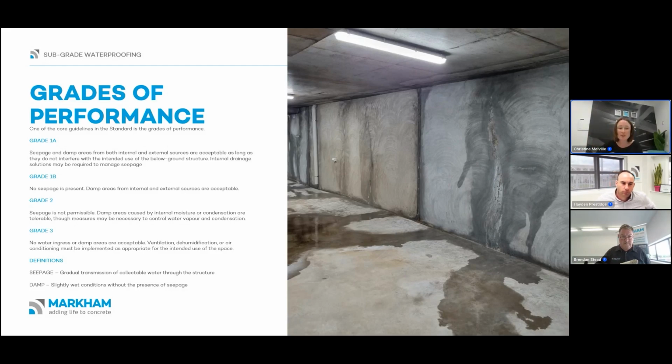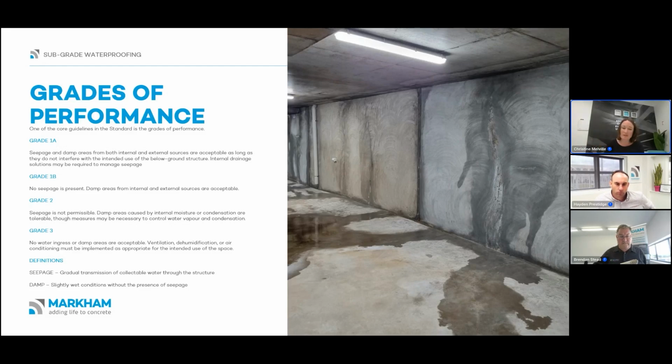And then grade 2 would be a higher end use, could potentially be habitable. And the difference there between grade 1B and grade 2 is no dampness present, but you could have condensation forming from the inside, internal sources of moisture.